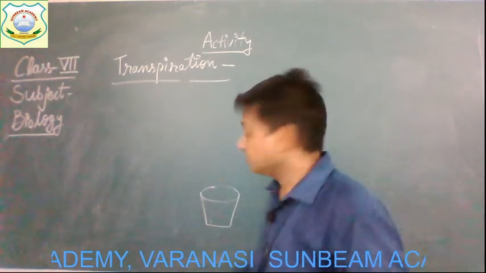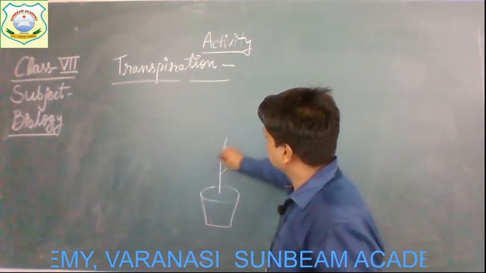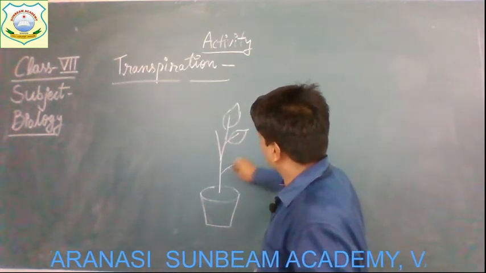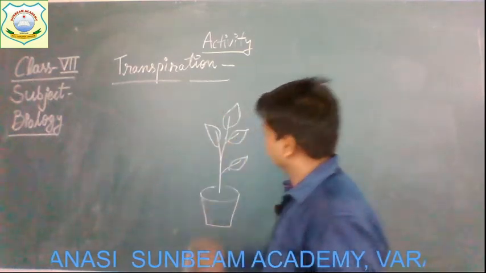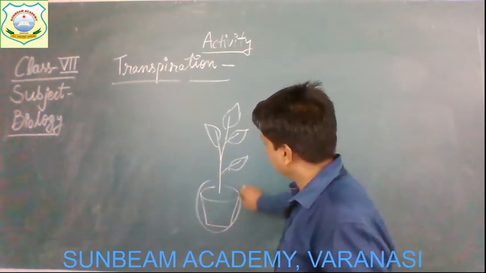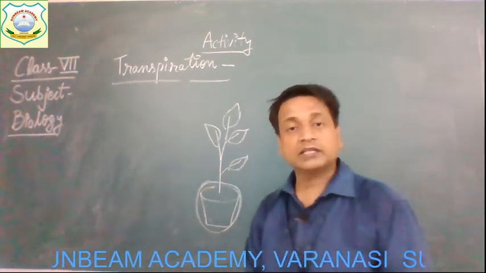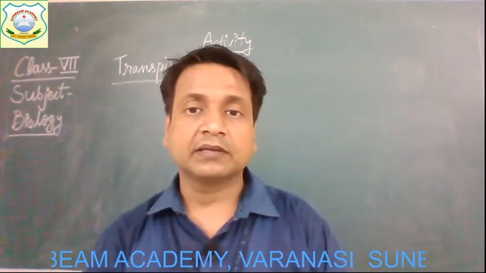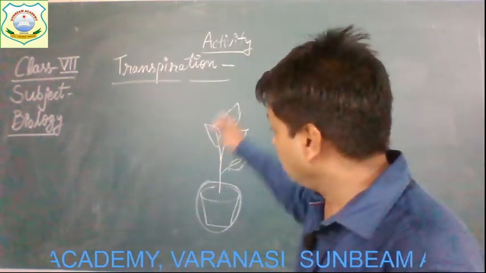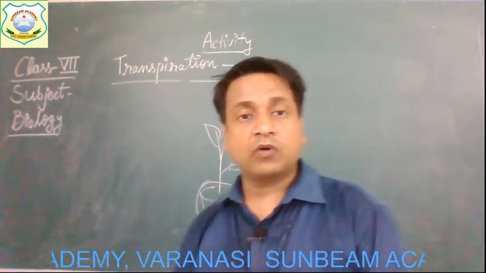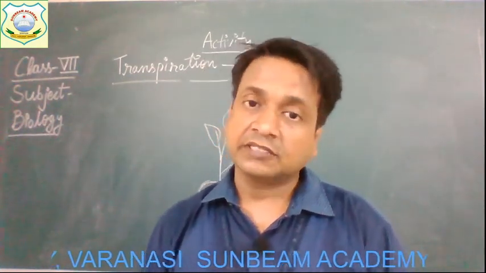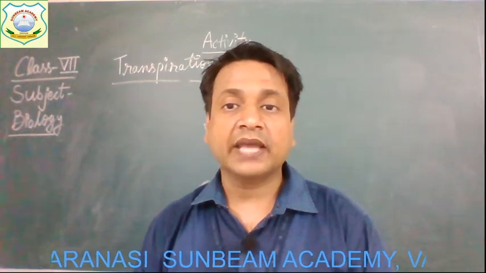So here I have a small potted plant, and the soil part of the plant will be covered by the polythene bag. And after covering it with the polythene bag, we will cover this whole plant along with the pot with a jar which is large in size, and this jar is known as a bell jar.